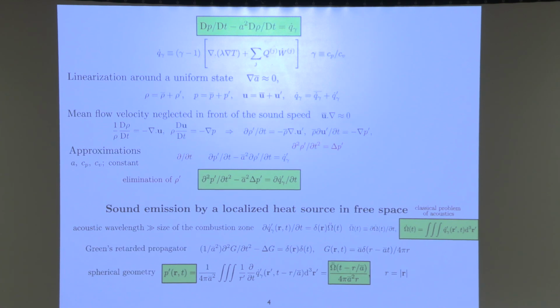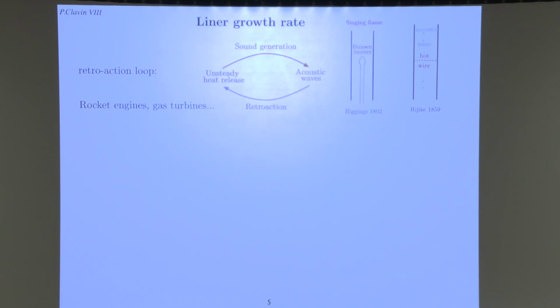For example, in a rocket engine or in a ramjet. Now, unsteady heat release is going to generate acoustic waves. Okay, that's the general mechanism of that.